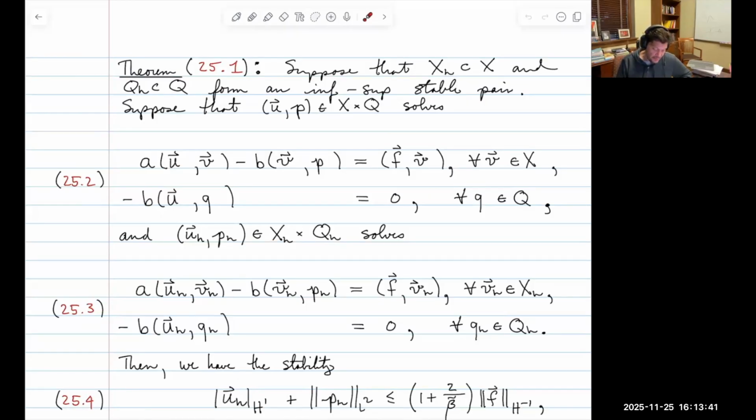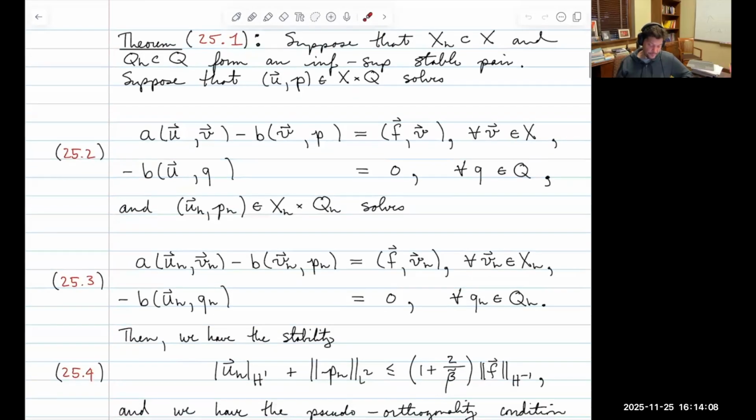Suppose that U and P is the exact solution for the Stokes problem. That means it solves this problem where the solution is from these infinite dimensional spaces, and the test functions are from the same infinite dimensional spaces, and U and P satisfy these two equations.